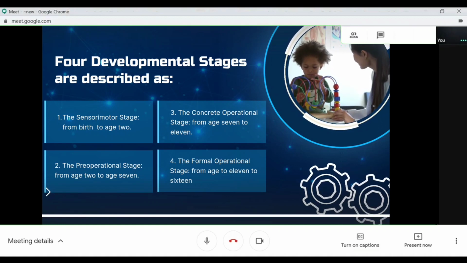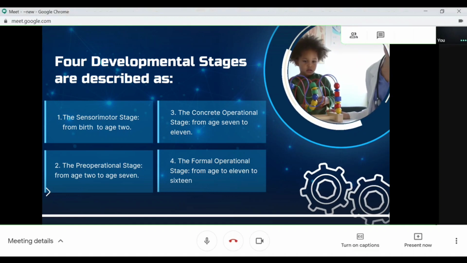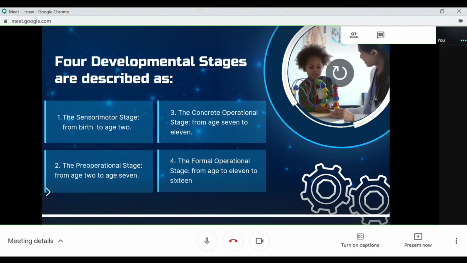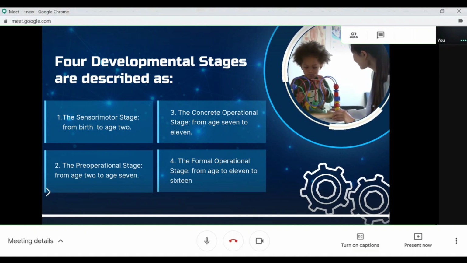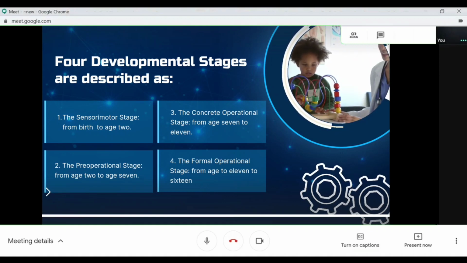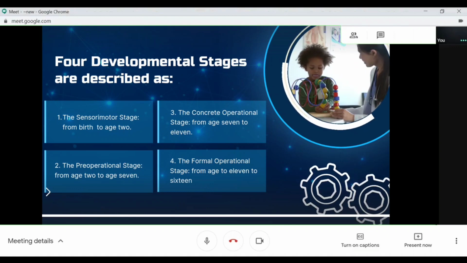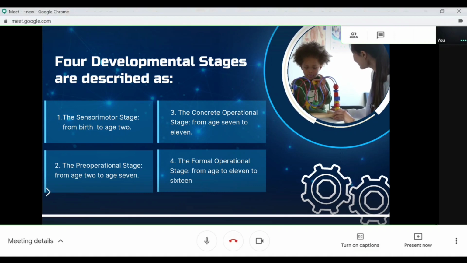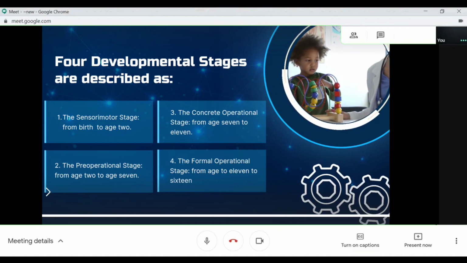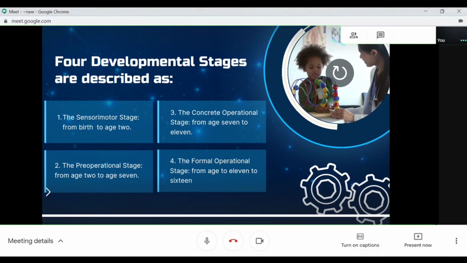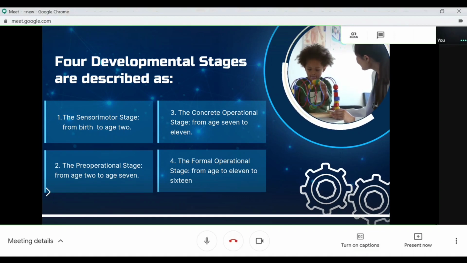Second, pre-operational stage, from age 2 to 7. The children are thinking at a symbolic level but are not yet using cognitive operations. At this age, they will start talking and use symbols to represent their world. They are limited to experience from their point of view.